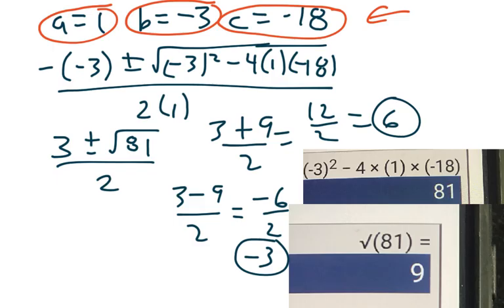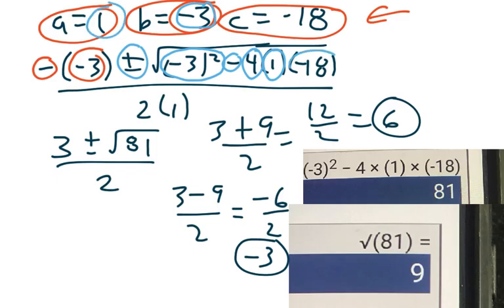So here we go. Let's do the quadratic formula. We have to do the negative of our B, which is negative 3, plus or minus. We have to do the b squared. Again, b is negative 3, so I'll have negative 3 squared. Notice I'm using parentheses. Minus 4 times my a, which is 1, my c, which is negative 18.